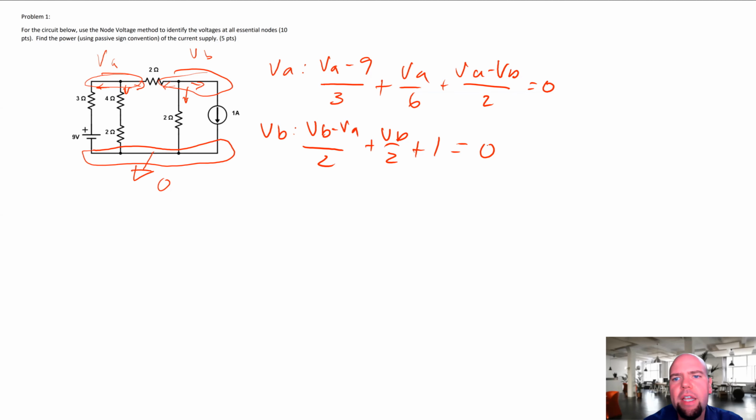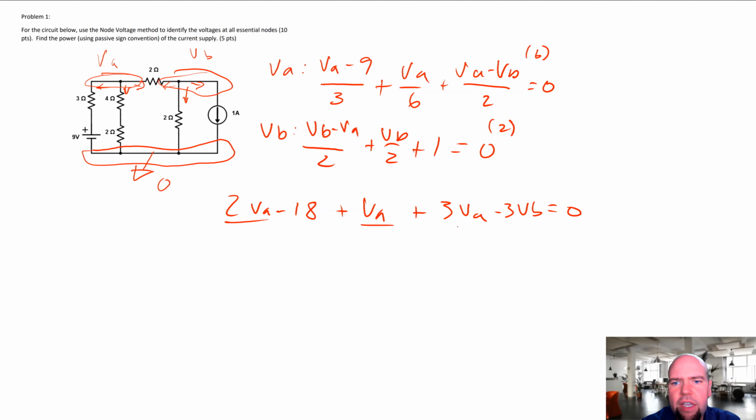But from here, I'm just going to clean these equations up. I'm going to multiply this one by a 6, multiply this one by a 2. So we're going to have 2 VA minus 18 plus VA plus, and then I'll just clean this one up one more time.